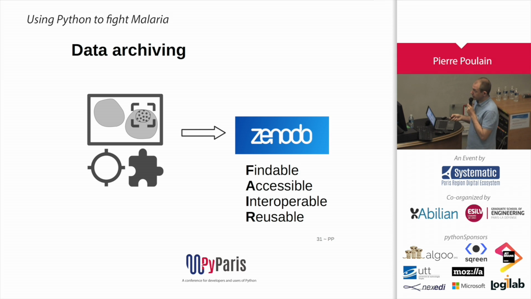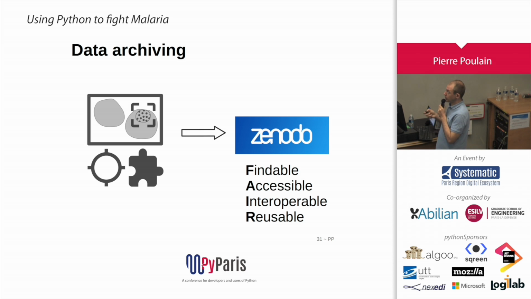So we have decided that each time we collect data, we will transfer all this data to Zenodo. I don't know if some of you are very used to Zenodo. Zenodo is a kind of storage facility for research data. It's free.